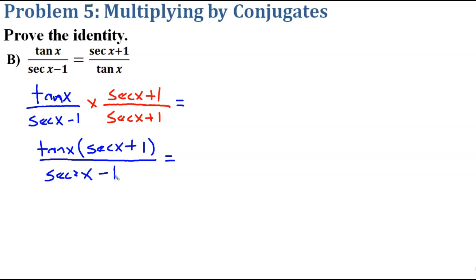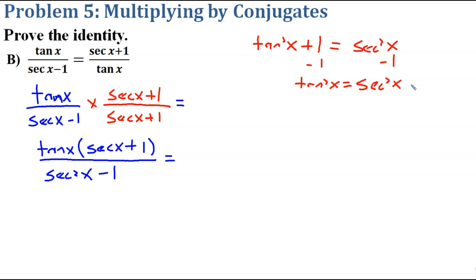Okay, my denominator then, based on Pythagorean identities, I know that tangent squared x plus 1 equals secant squared x. If I subtract 1 from both sides, we get tangent squared x is equal to secant squared x minus 1. So I can replace that secant squared x minus 1 with just the tangent squared.